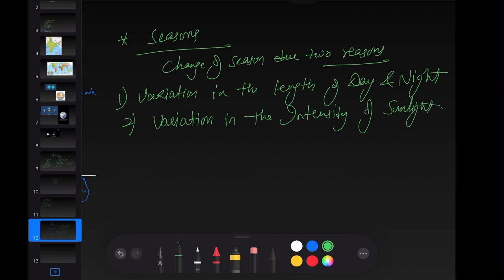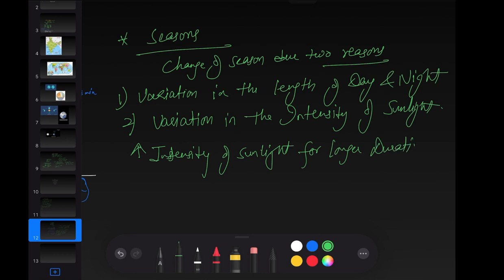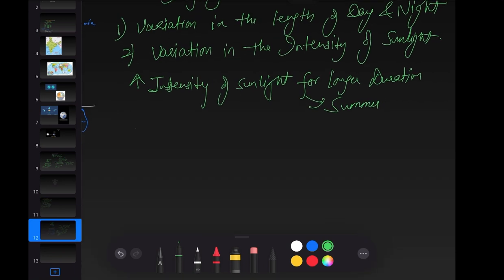Regions receiving higher intensity of sunlight for a longer duration experience summer, while regions receiving lesser intensity of sunlight for a shorter duration experience winter.